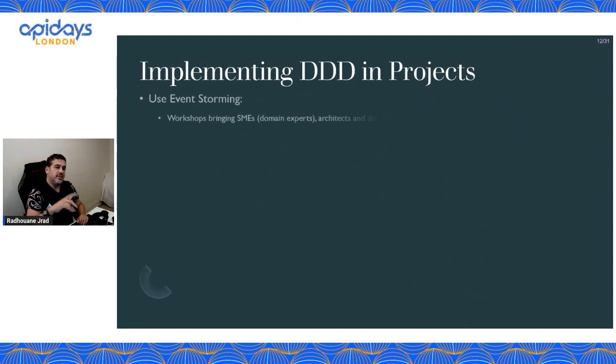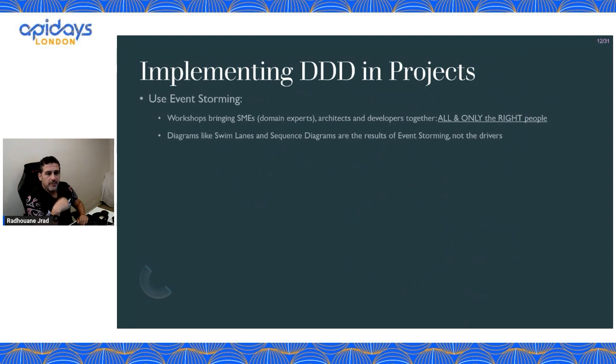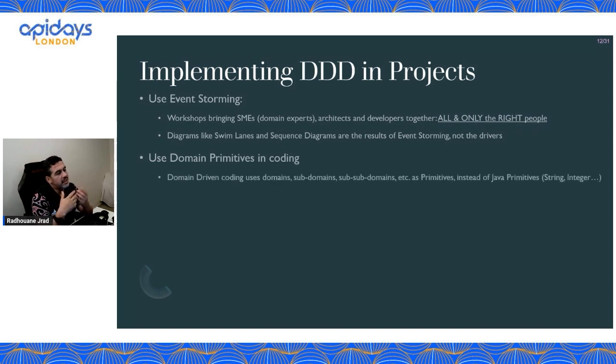Now, event storming is effectively how you implement the DDD. It is basically bringing everyone that you need, but only those that you need. So it's both, not too many, not too few. And then you start developing, having a cyclic or repetitive, iterative approach to the solutions, okay?